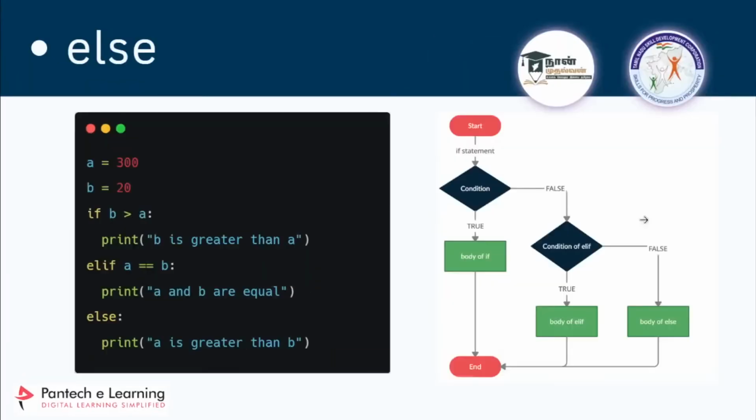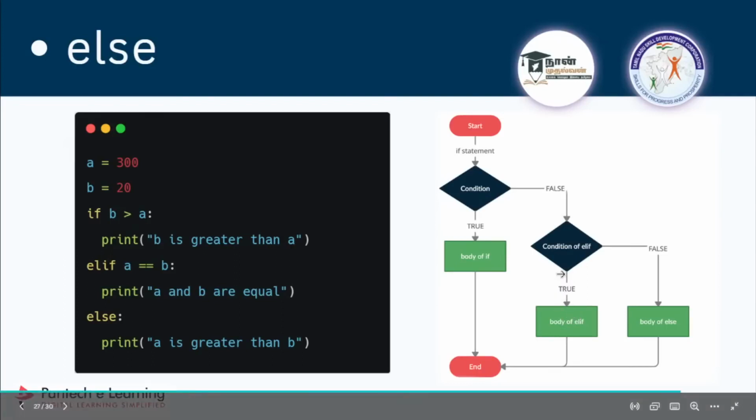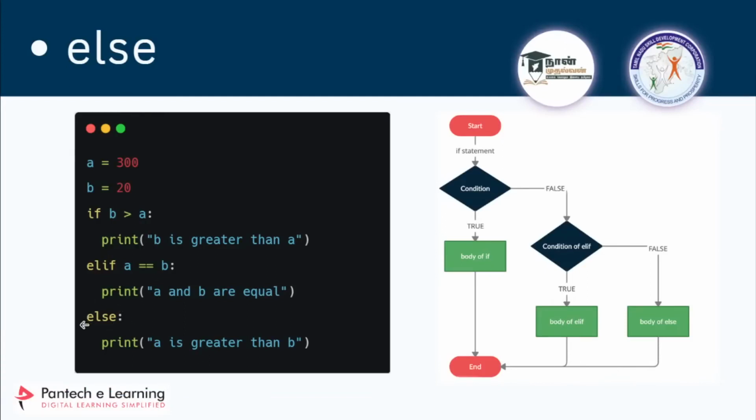Similarly, you can use something known as the else statement. So what is else? If nothing succeeded, it will try to check this if statement. If this succeeds, it is going to give you this result. If this failed, it is going to go into the elif. It will check this condition. If this also failed, if everything has failed, then you can finally give this else statement.